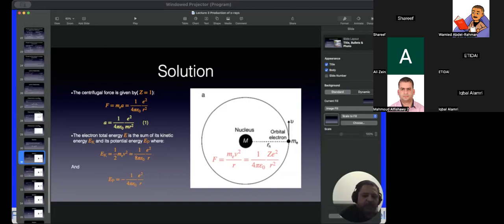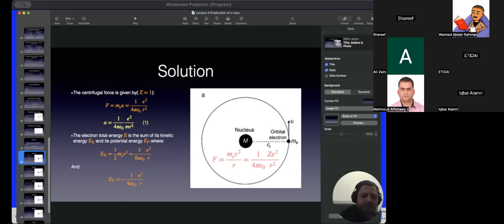The total energy of the electron is the sum of its kinetic energy and its potential energy. The kinetic energy is just 1/2 the mass times the velocity squared, and this equals e squared over 8 pi epsilon 0 r, solving from here for v squared with respect to the Coulomb force.